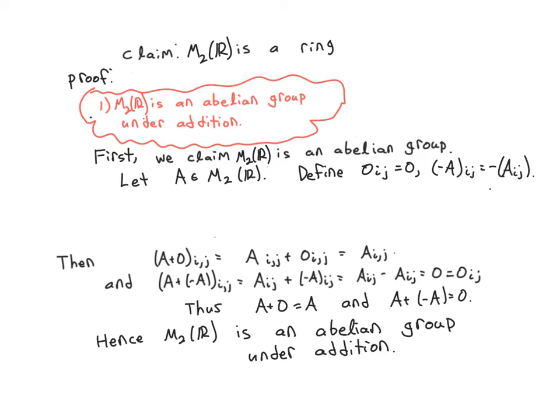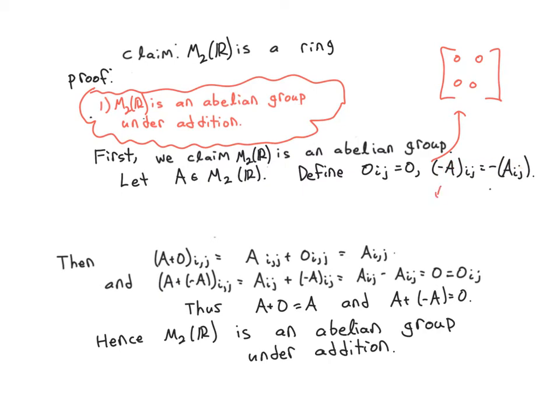Finally, we need the identity element and the inverses. It turns out the identity element is going to be the matrix whose entries are all 0. And the negative is this one.